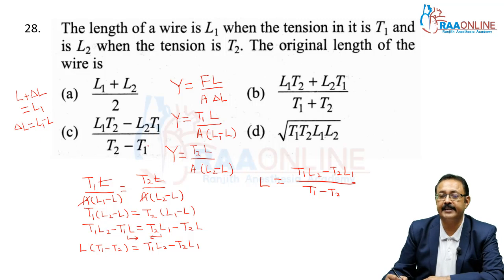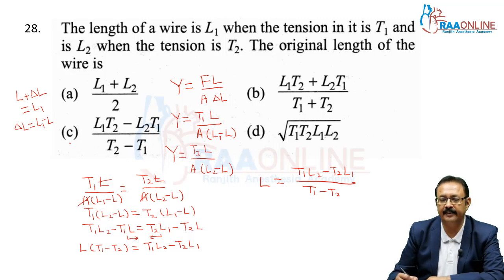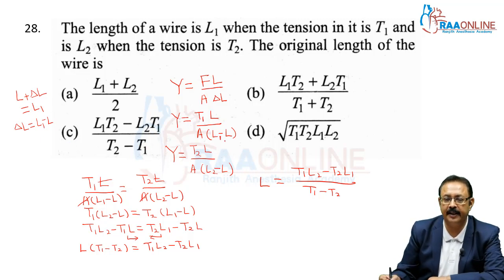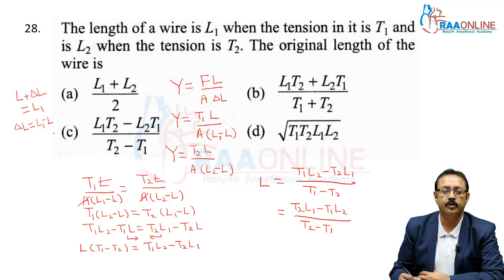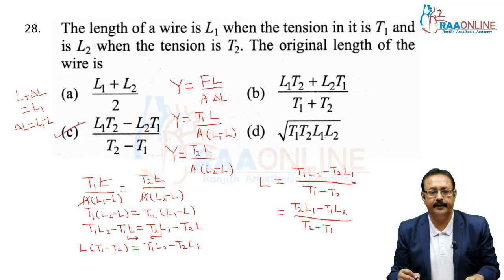But this type of answer is there, so no need to be tensed. Take minus sign common from numerator and from denominator. Minus will be cancelled out and you will get T2L1 minus T1L2 by T2 minus T1. The same answer you can write like this also, and it is given there: T2L1 minus T1L2 upon T2 minus T1. So we are going with option C.